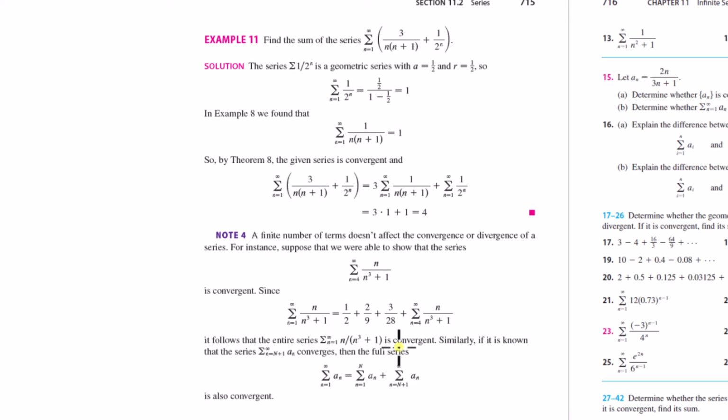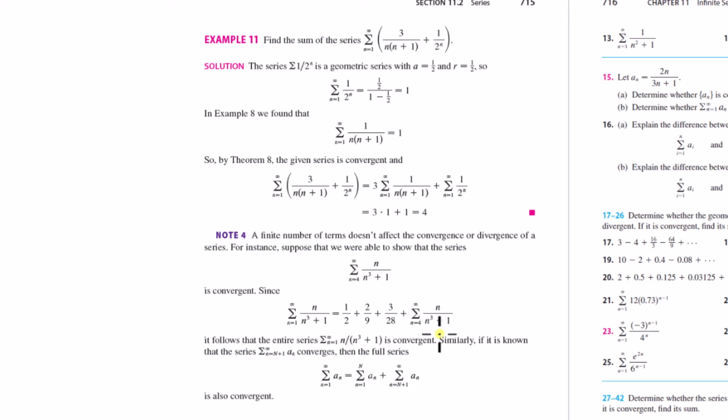So if you can show that any series is convergent, no matter where you start, even if you started at -10 or at 50, it doesn't matter. If you show that going off to infinity it converges, then you don't have to worry about whether it will converge if I started at 1 or 0 or -20. Now it's not telling you how to get the value that it converges to.